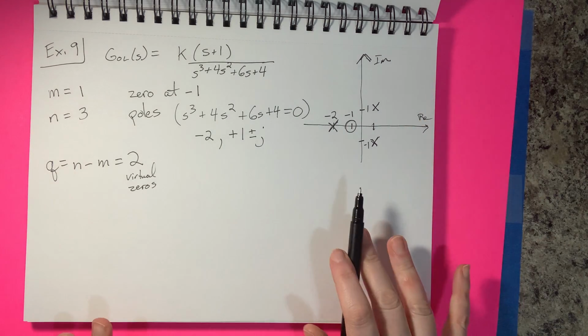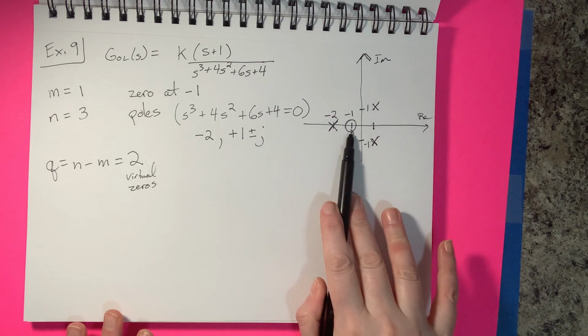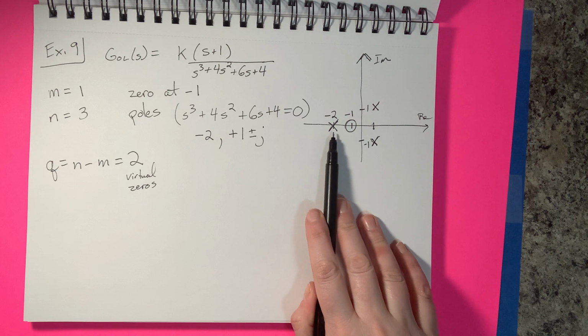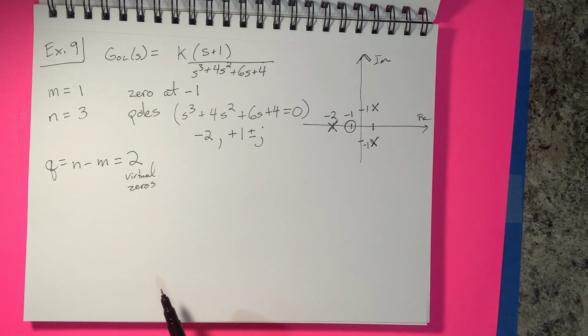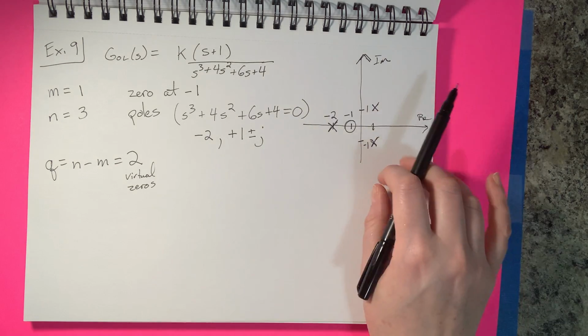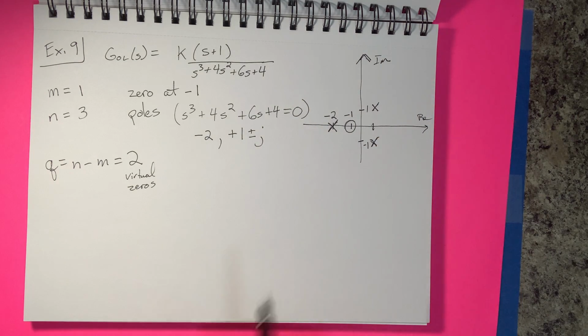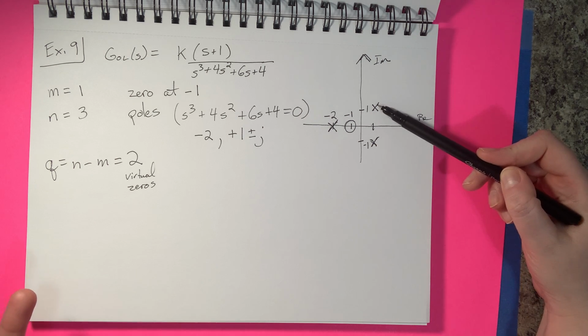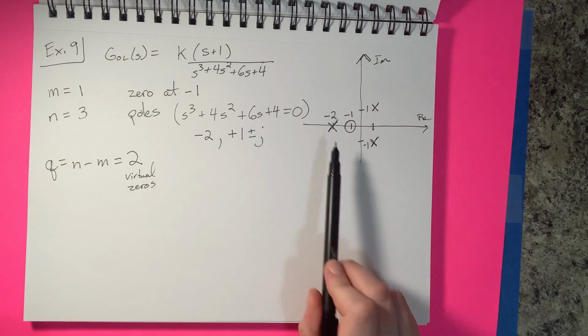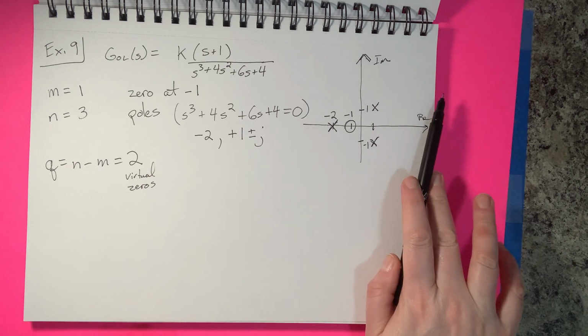I do have two roots of some kind on the real axis, so that means that I can use the real axis rule in that case. It's only useful if there's something on the real axis already. It doesn't matter that you have complex poles or zeros. You can use it as long as you do have something on the real axis. So let's go ahead and use that.